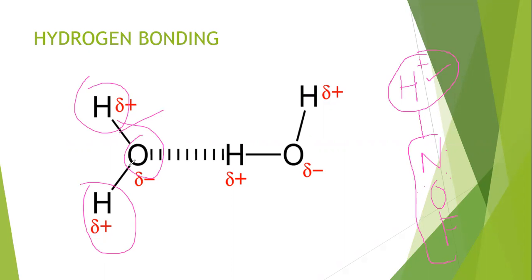Due to the difference of electronegativity between hydrogen and oxygen, there are partial positive and partial negative charges on these atoms. As we know, oxygen has two lone pairs and is highly electronegative. Due to that, one water molecule forms two hydrogen bonds at a time with the hydrogens of other water molecules.